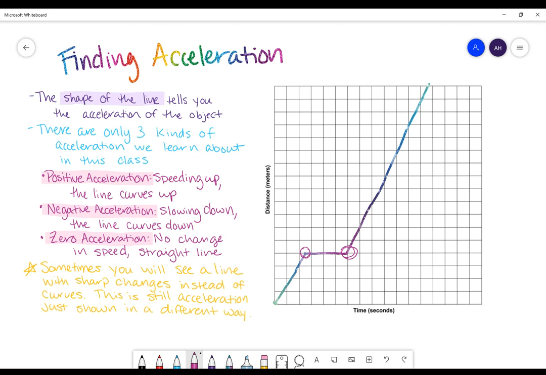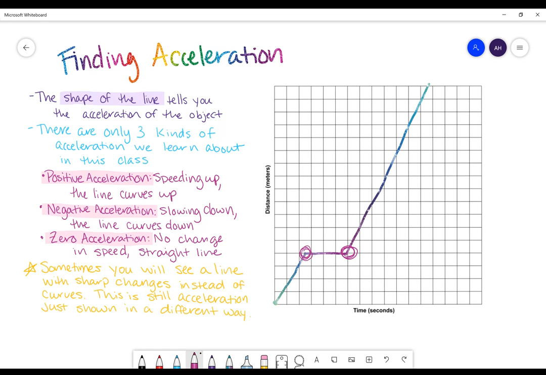But this is a really easy way for us to talk about when something happened. So if you see an example like this, know that these spots that show a change in the line are parts where they accelerated. Whether it was positive acceleration or negative acceleration, it'll tell you in the story.